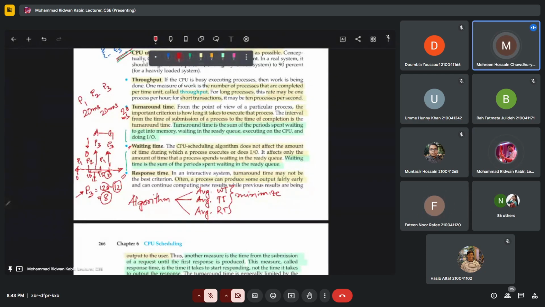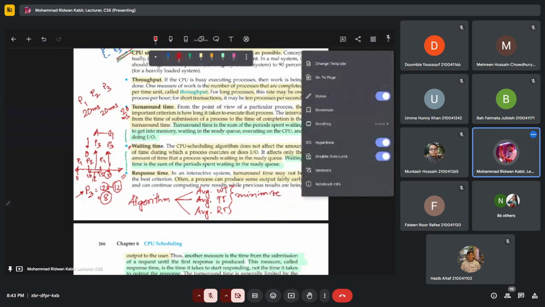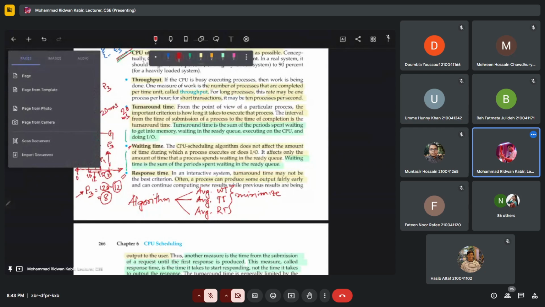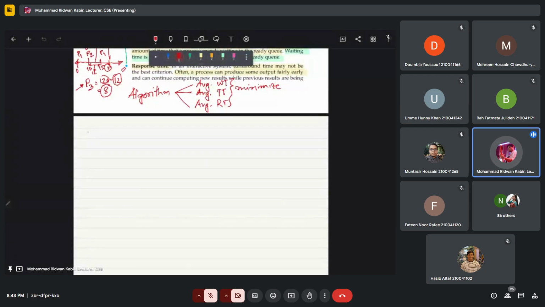Yes, sir. Can you please explain the difference between the waiting time and the response time again? Yes. The response time, if we look at the broader scale, whenever a process... let me just do one thing. You have a process P1, and if you consider the timeline diagram, say a process P0 is already executing from 0, and P1 arrives at time 5.